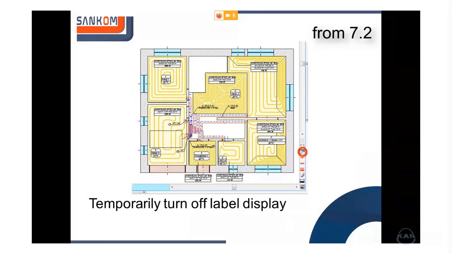The other option is the possibility to turn off the label display temporarily, because generally I believe that the labels are a very important part of the technical documentation, and I really encourage using them.